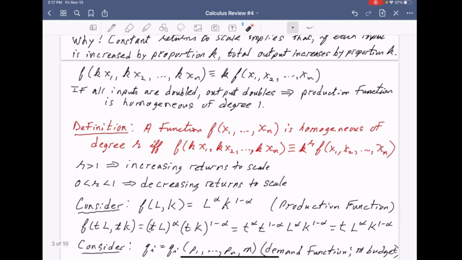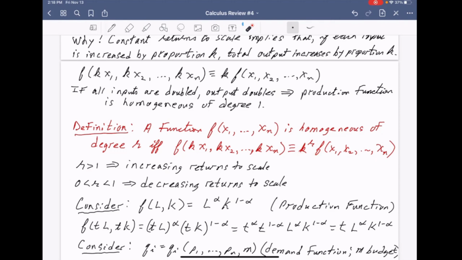So we can define a function f of x1 to xn as being homogeneous of degree r if and only if, when we multiply each of the inputs by k, so we increase the amount of each input by k, then this is equivalent to multiplying the total output, which is given by this function here, by k to the power r.